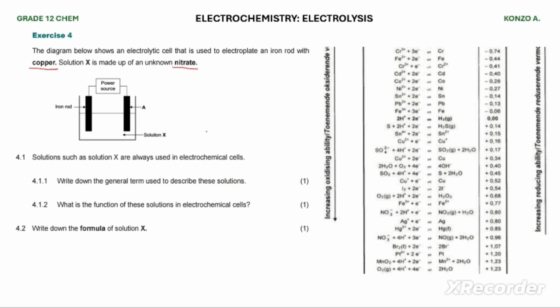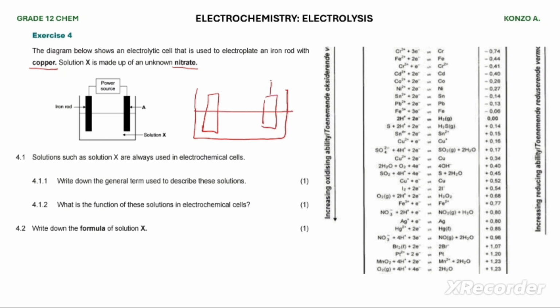Now, first of all, you have to study the diagram that you're dealing with before you can actually answer the questions. So just to break down what we have here, we've got two electrodes. I want to redraw that on the side here.